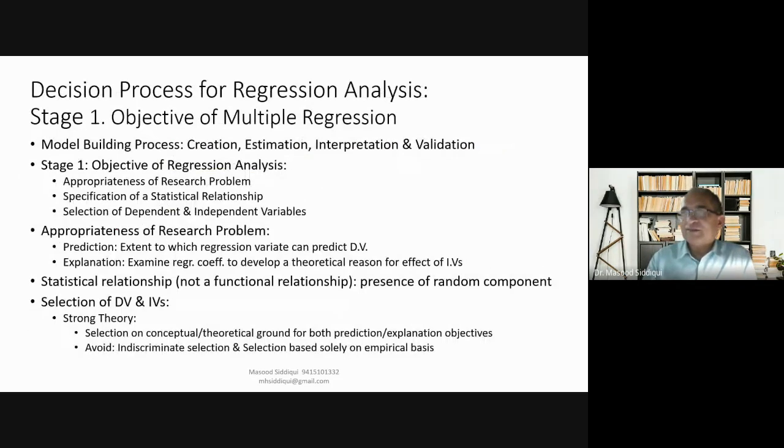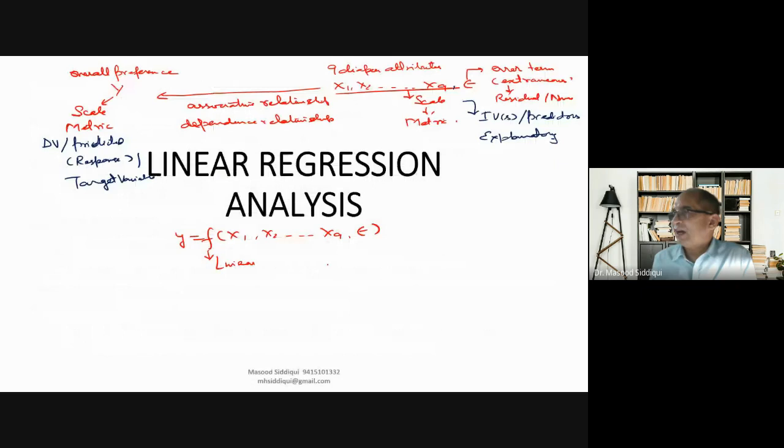So this can be written as y equals beta 0 plus beta 1 x1 up to beta 9 x9 plus epsilon, right? So this model is known as the population regression model or population regression equation.